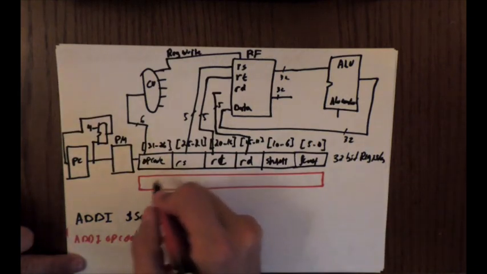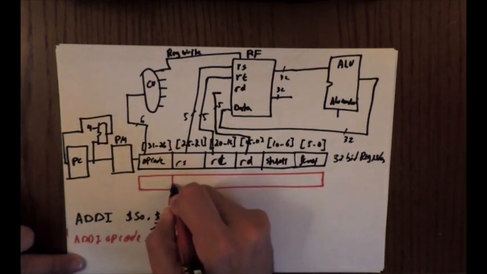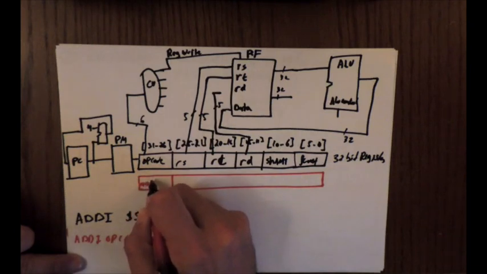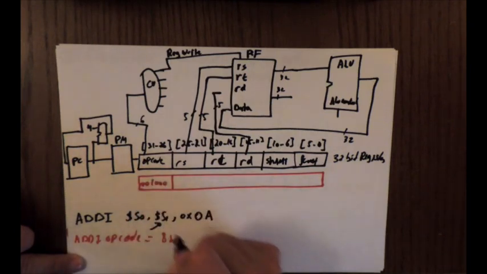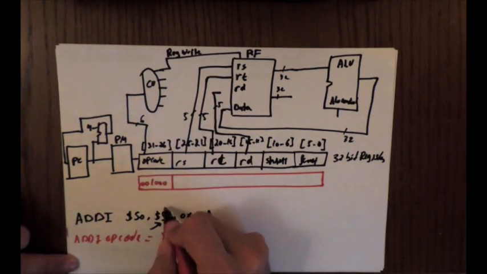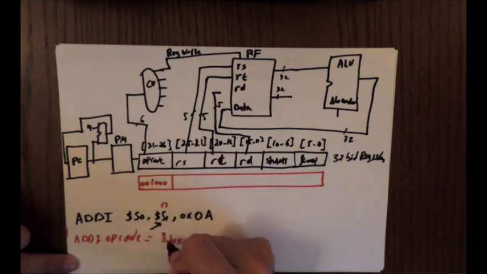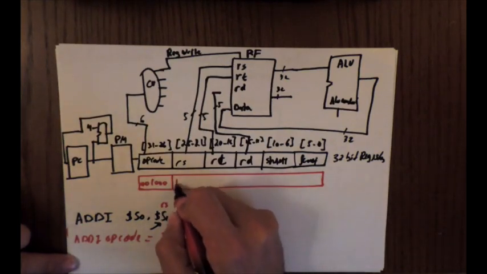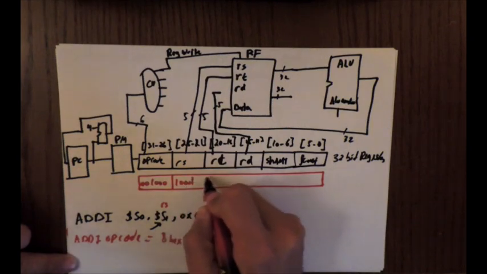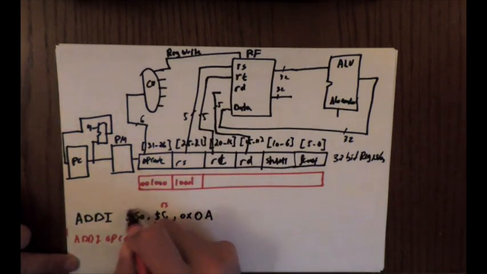So this means I have 0, 0, 1, 0, 0, 0. And the RS is going to be $s1, which is 17. Then RT, this is the destination.